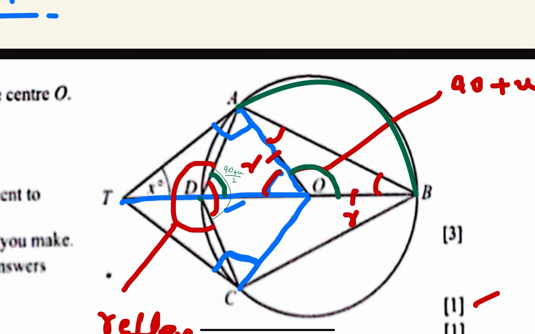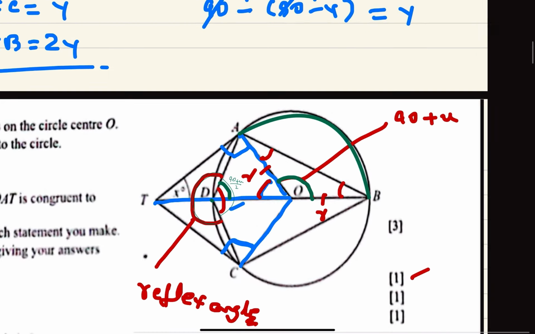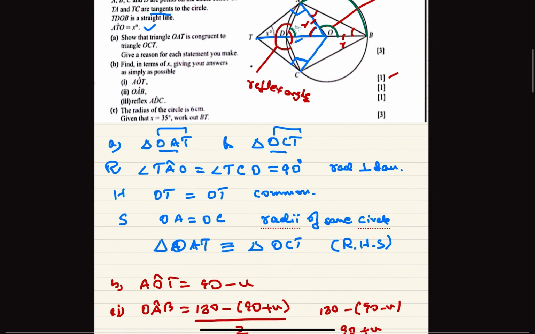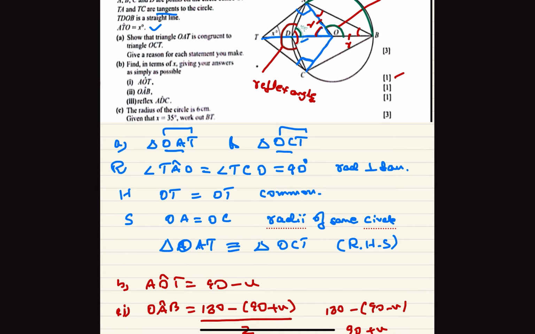And when you subtract this 90 plus x from 360, you will find out this reflex angle, right? So this is 360 minus 90 plus x.